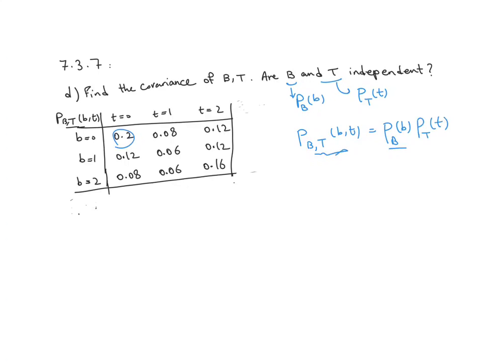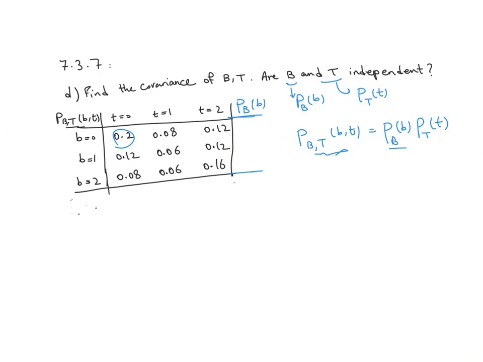For calculating the marginal probability of B and of T from these tables, the marginal is the summation of the rows. Each row gives the marginal probability of a specific value of B.